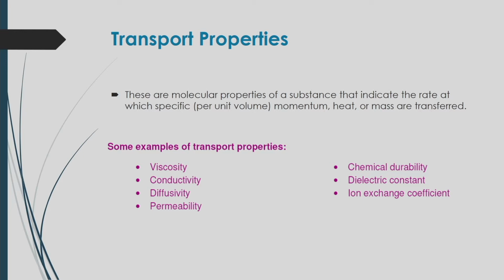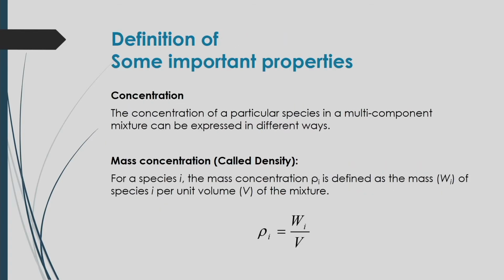Some examples given for transport properties are viscosity, conductivity, diffusivity, even permeability, chemical durability, dielectric constant, ion exchange coefficient. Now, these momentum, heat and mass transfer cases, all of these transport properties will be considered for process calculations. Now, we will discuss some definitions of these important properties.